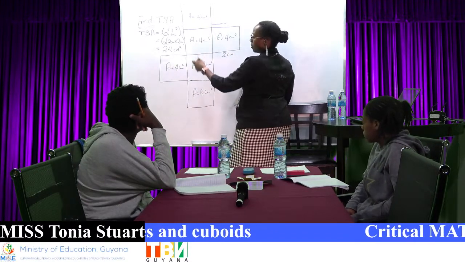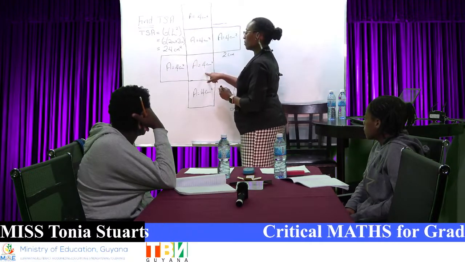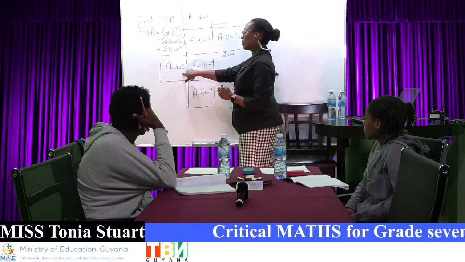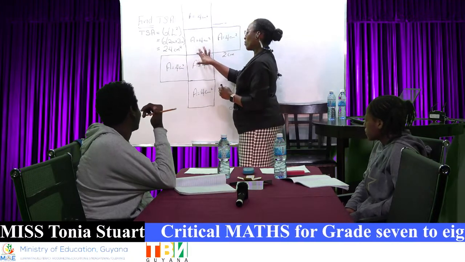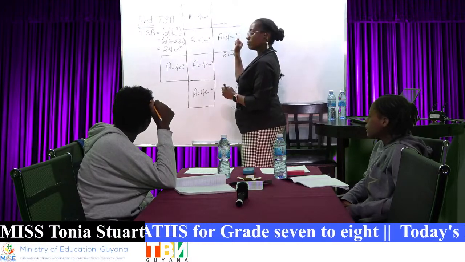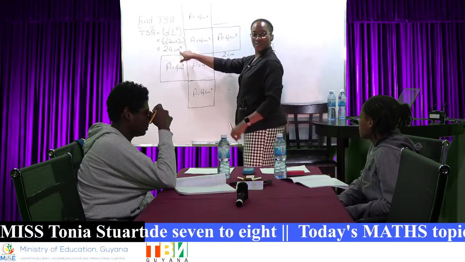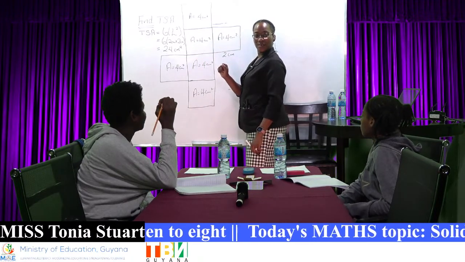So when we add all the 4s, 4 plus 4 8, plus 4 12, 12 plus 4 16, plus 4 20, 20 plus 4 24. So we got 24 total area, right?